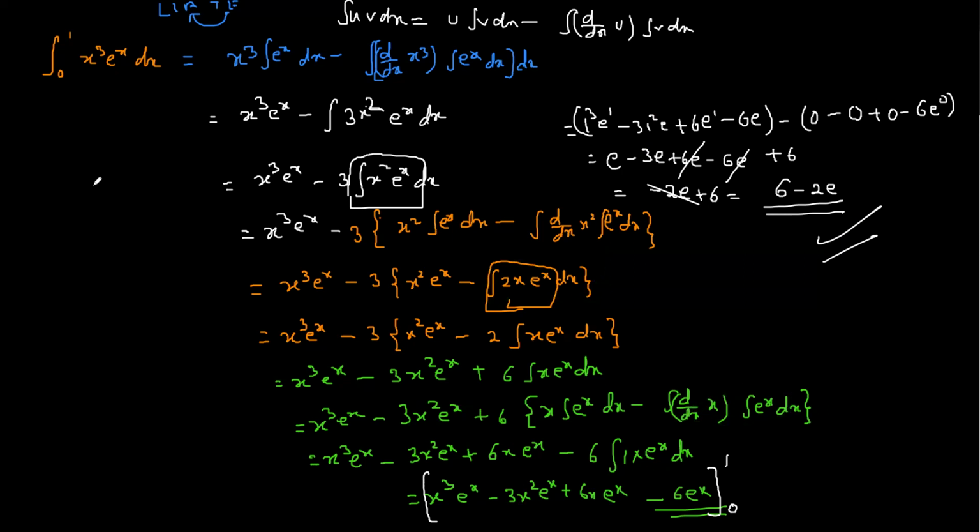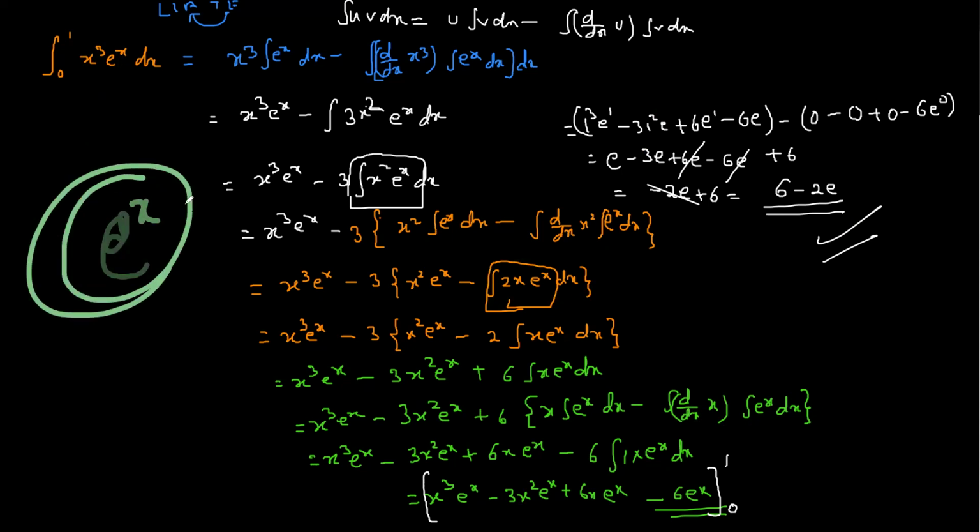It means that whenever the power of x is increasing, the number of integrations is increasing. If I give you x raised to 5 e to the x, the number of integrations will be 6 times. If the power of x is 2, then integration will be 3 times.